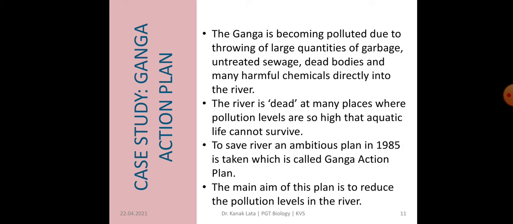An ambitious plan to save the river, called the Ganga Action Plan, was launched in 1985. The aim of this plan is to reduce the pollution levels in the river. However, the increasing population and industrialization have already damaged this mighty river beyond repair.